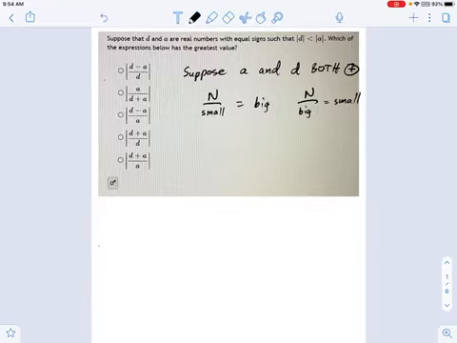So do you see anything over here on the left that is clearly dividing by something small? Well, what we know is that D is smaller than A, right? So this one, maybe, because I'm dividing by something small.